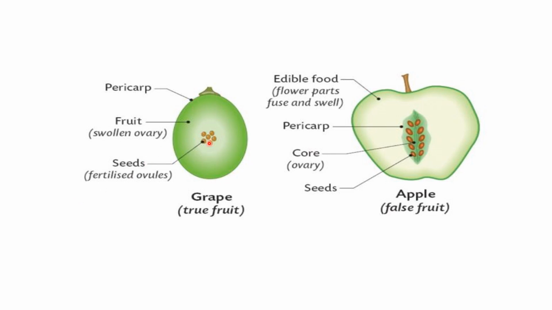Seeds are fertilized ovules. The fleshy pulpy part of the fruit shown here is the swollen ovary. And in a false fruit, we have the edible part. The edible part of an apple is actually made up of other floral parts which fuse and swell. The pericarp is here at the center, which surrounds the core containing the ovary and the seeds.